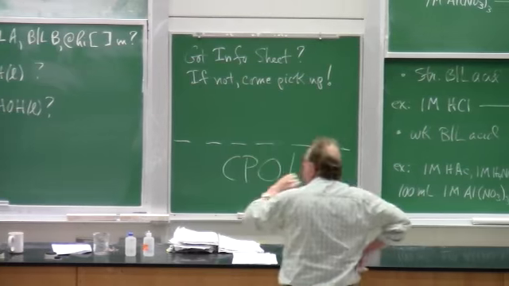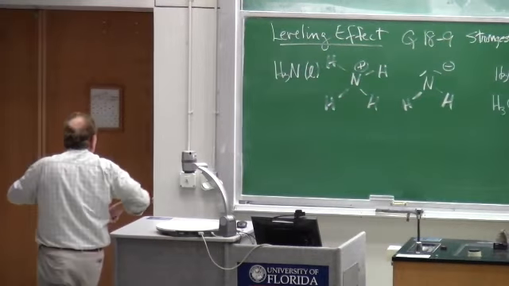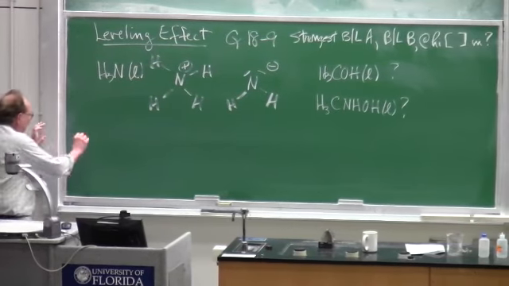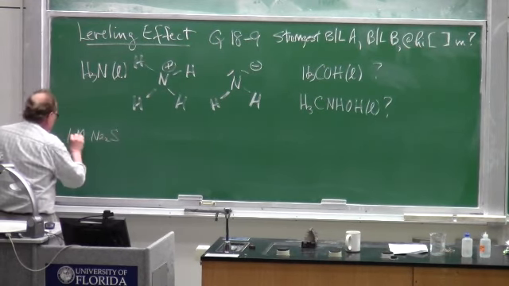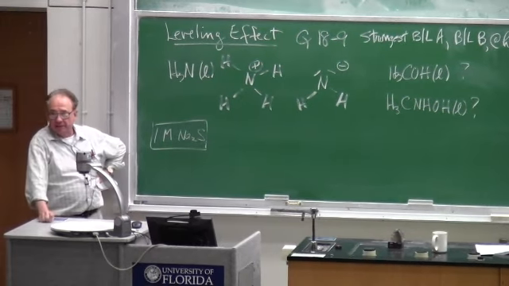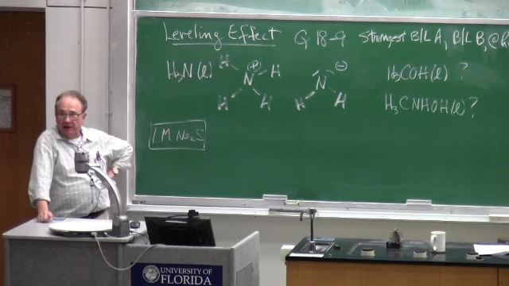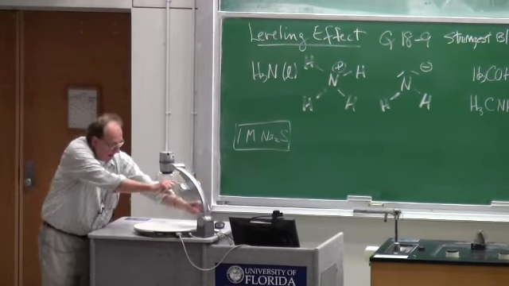So, if I go to the laboratory and I see a reagent bottle which has this label on it: 1 capital M Na2S. What does that mean?